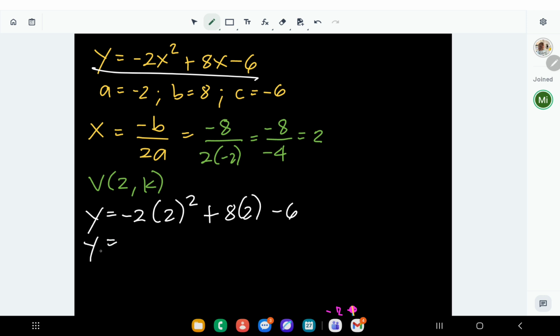So this is -2 times 4 plus 16 minus 6. 16 minus 6 is 10. 10 plus -8 is 2. So y is 2. Therefore, the vertex is (2, 2). Alright? So we have the axis of symmetry, the vertex, and now we find the y-intercept.